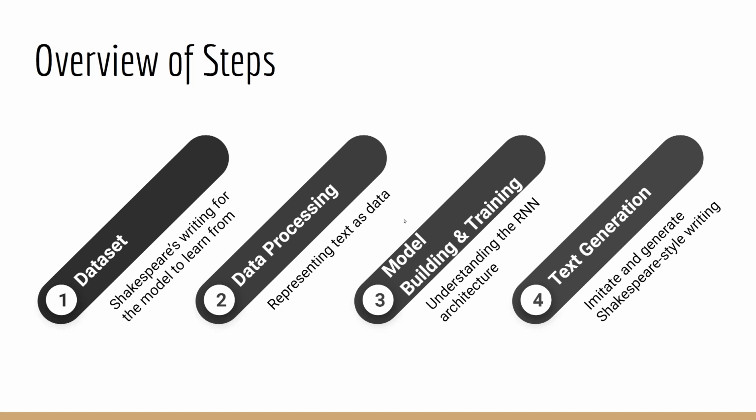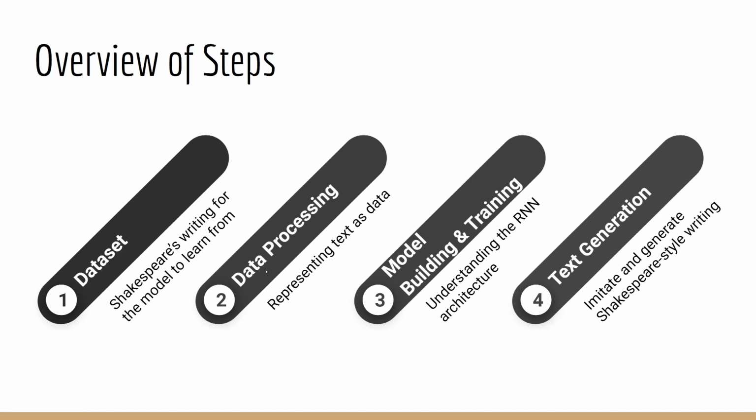It's similar to some of the other problems we saw in the other workshops. First, you always start off with a data set. In our problem, we'll be using Shakespeare's existing writing, which is what the model will be learning from. But the model is not going to be able to directly take that text and learn from it.